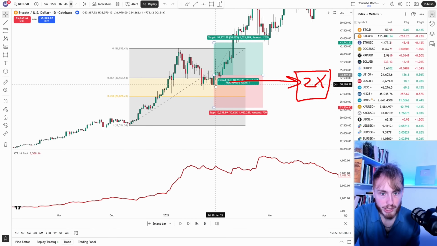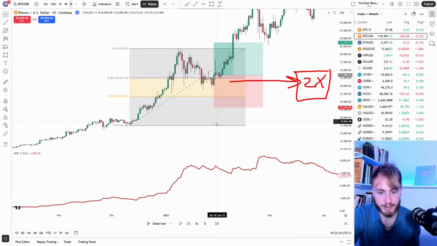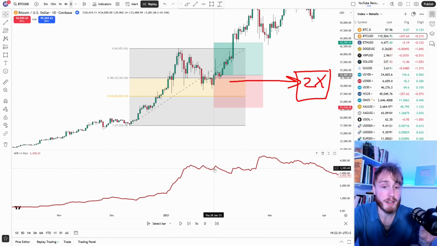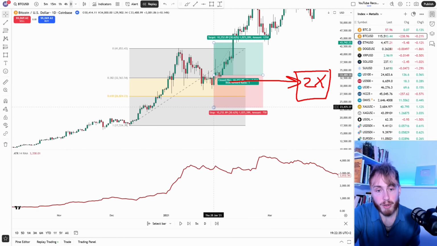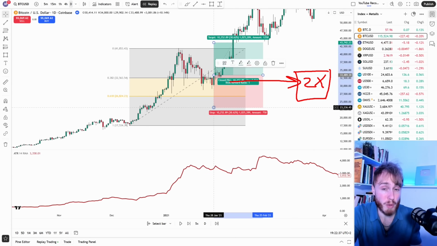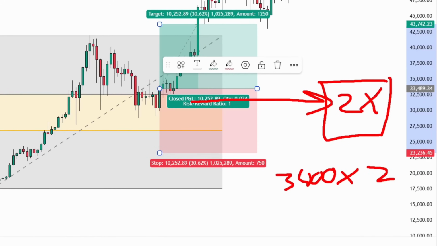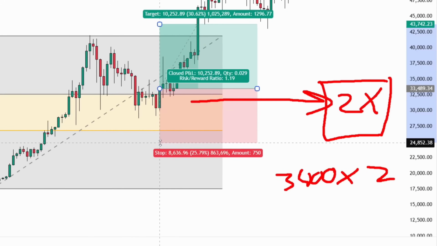Well, we go down here to the candle where we entered, and then we move down here to the ATR. And as you can see on this candle, the ATR was 3,400. So with a 2x ATR, that means we should set our stop loss at 3,400 times 2 away from the entry. And you can see that by looking closely at the stop numbers right here.